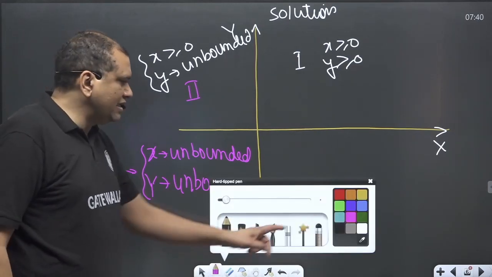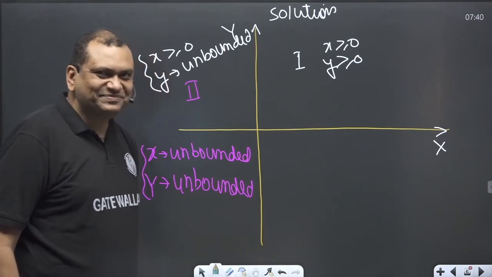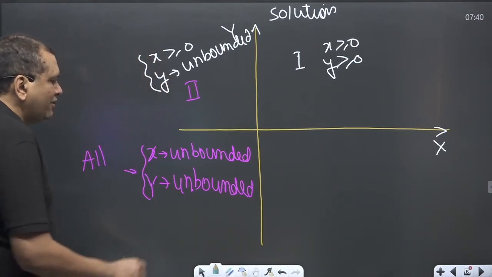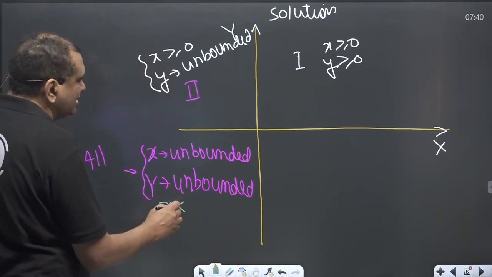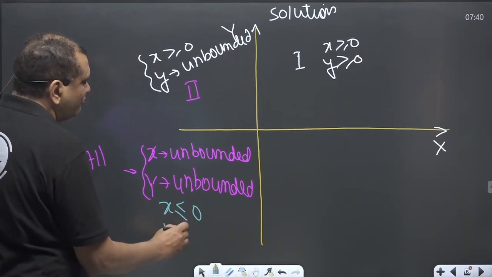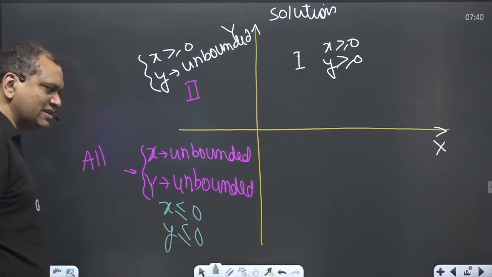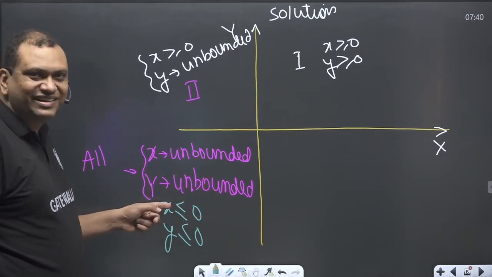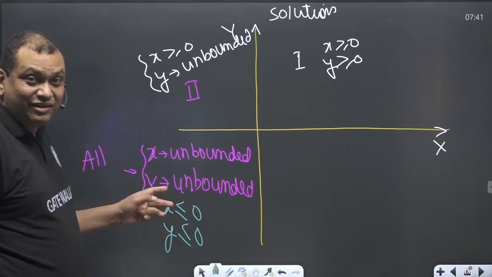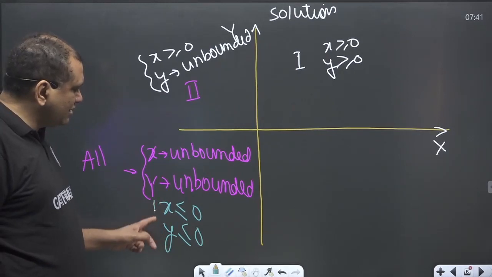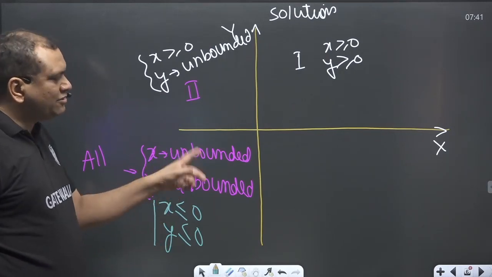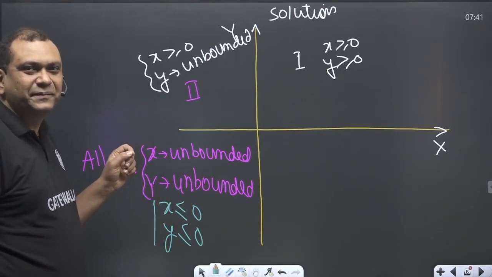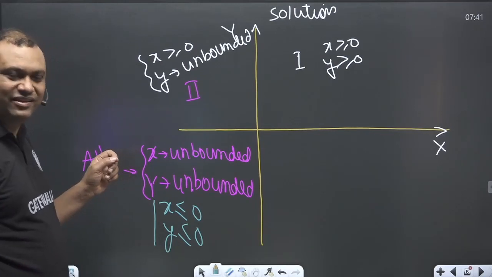Because suppose x is less than or equal to 0, y is less than or equal to 0. Suppose this is the situation, it means your solution lies in the third quadrant. Okay?